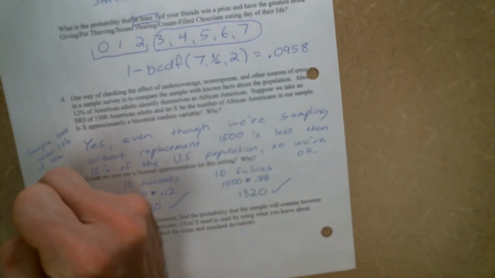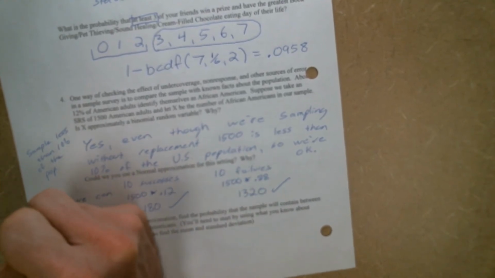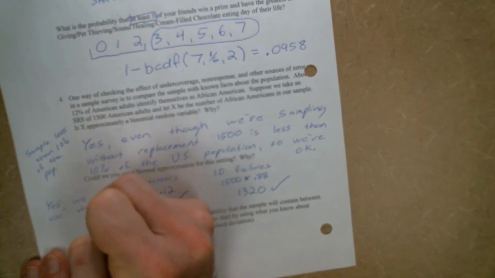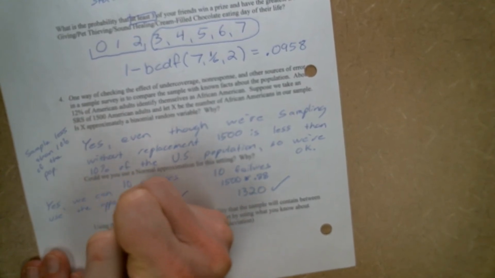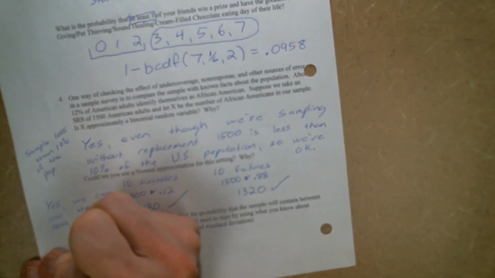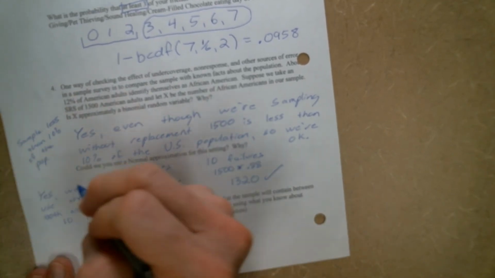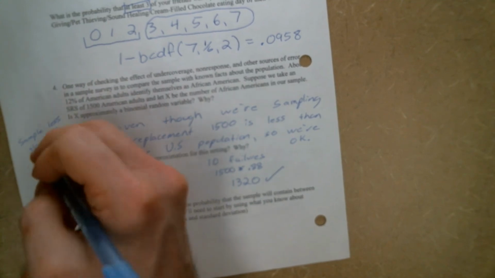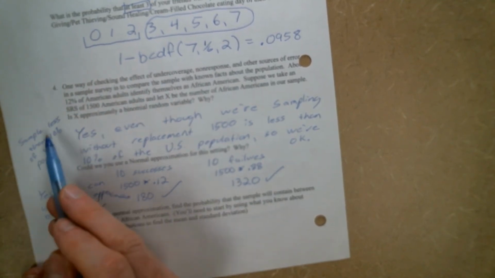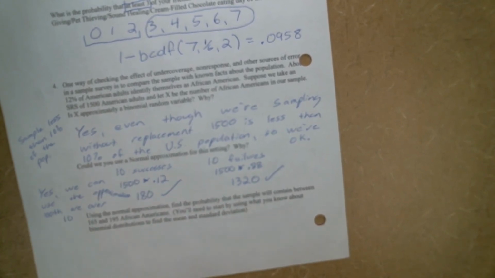So in this case, yes, we can use the approximation. Both are over 10. Again, sometimes students get these two confused, but this deals with independence and sampling without replacement. This deals with trying to use the normal approximation.